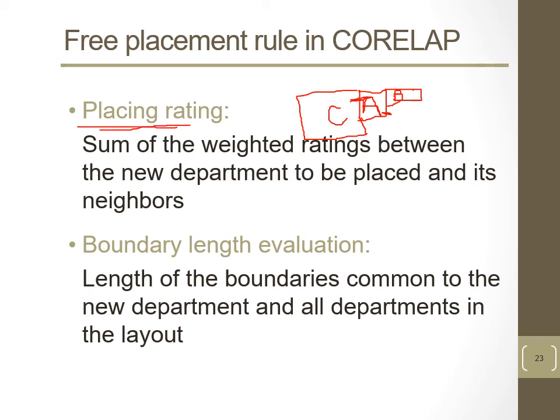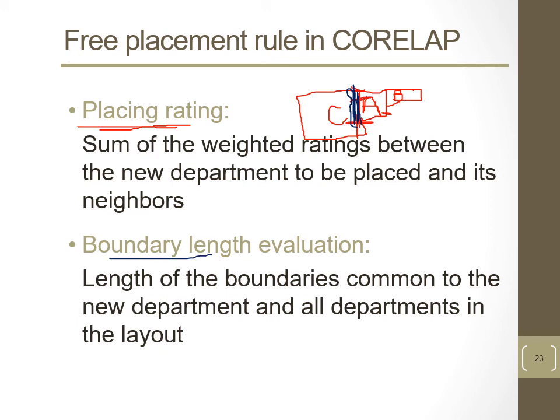So what is boundary length evaluation, on the other hand? The boundary length is this. When we place, for example, department C here, they share a common boundary from here to here. Let me show it in a different color. This boundary here is shared. Then the length of this shared boundary is the boundary length.